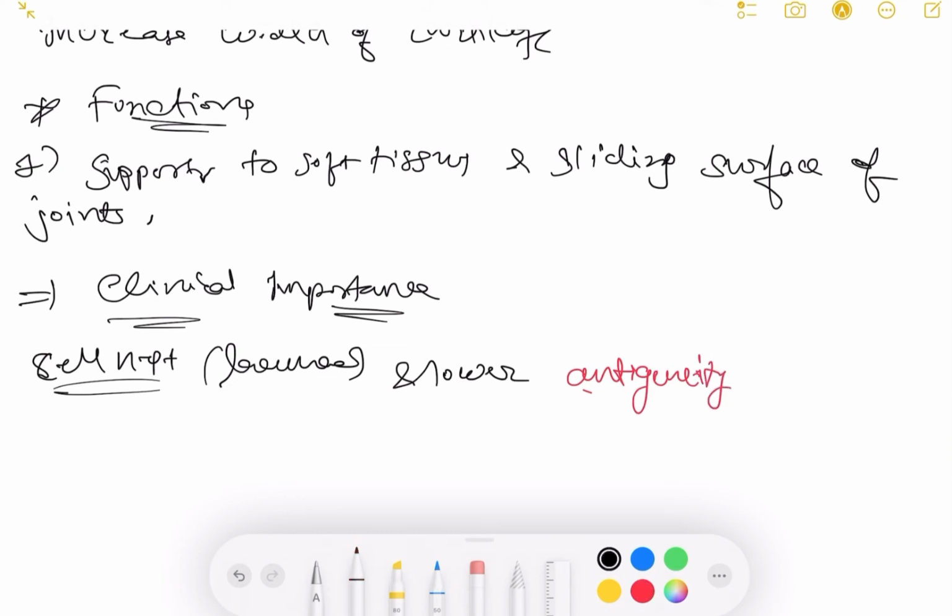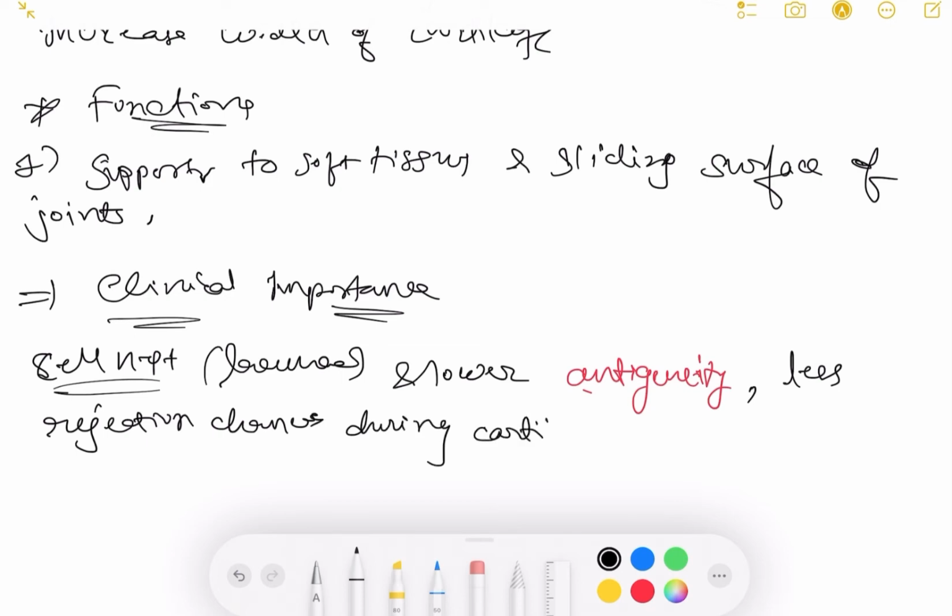That is, it specifically combines with antibodies, T cells, due to which there are fewer rejection chances during cartilage transplantation.